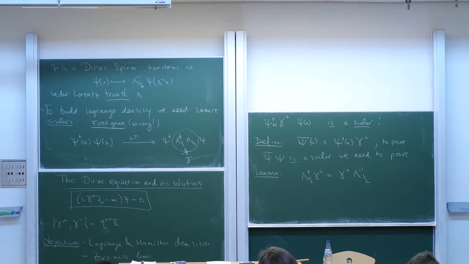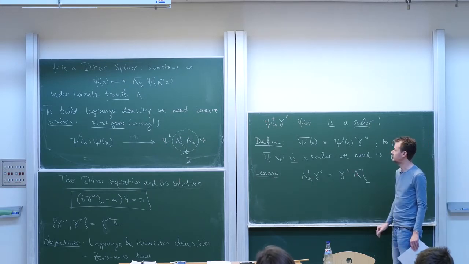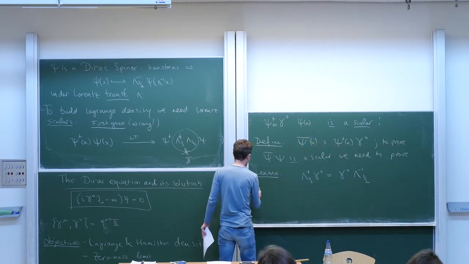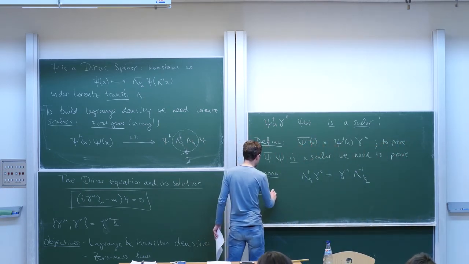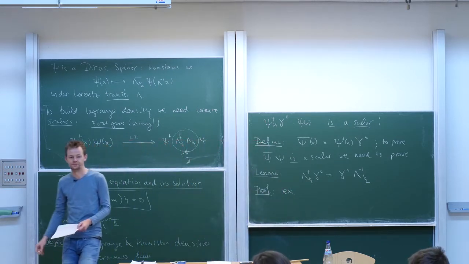Namely, that lambda one-half dagger gamma naught is equal to gamma naught lambda one-half inverse. So the gamma naught takes care of the bit that doesn't cancel and converts this into an inverse. As I said, it's a nice bit of matrix analysis, and the proof is left as an exercise for you.